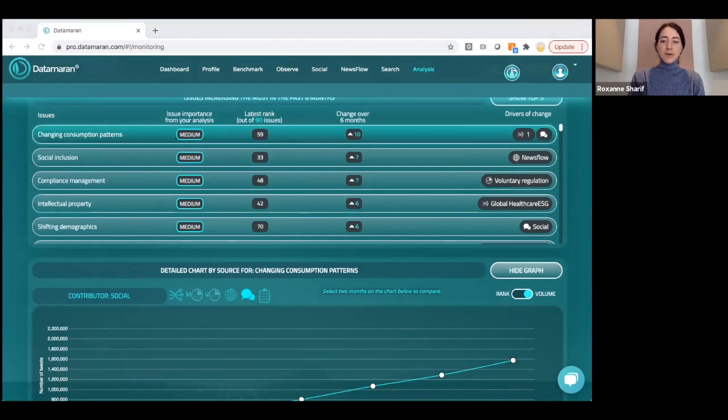Great. I hope we've really given you a taste of how you can not only perform a double materiality assessment using Datamaran, but then beyond that, really manage and monitor these topics.